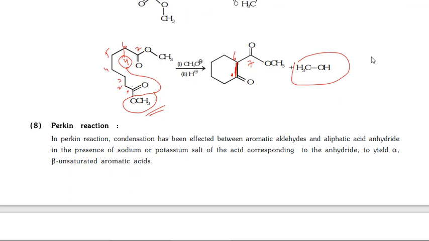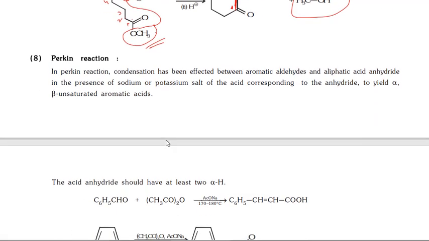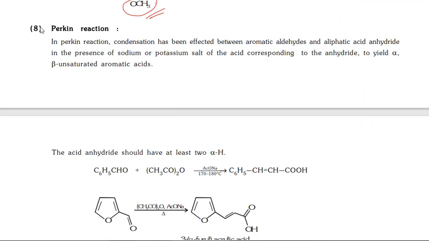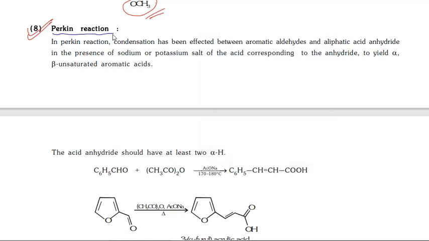Very simple. In Claisen condensation we discussed 3 types: crossed Claisen condensation, intramolecular and normal. Next, Perkin reaction. The mechanism here is again similar, but the reactants are different.